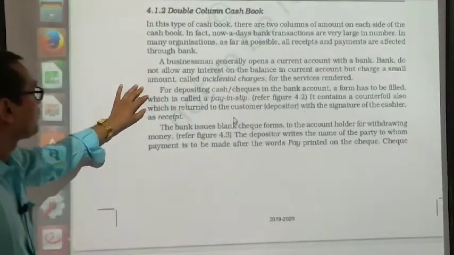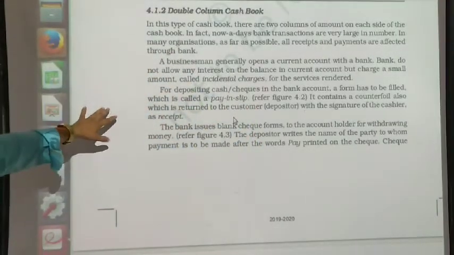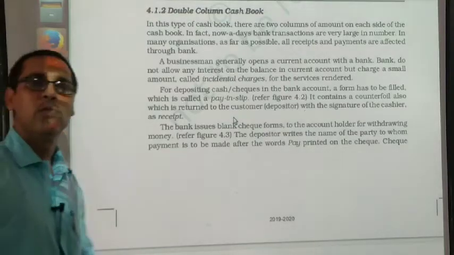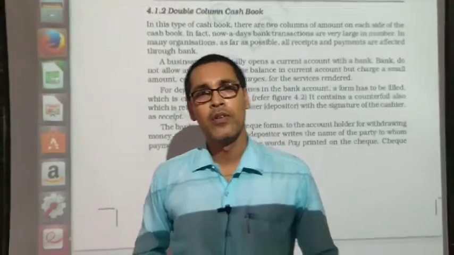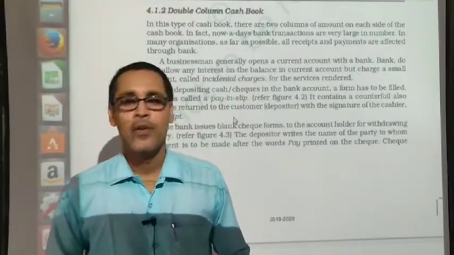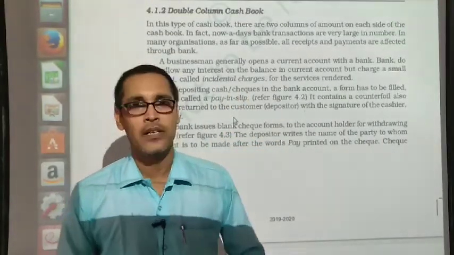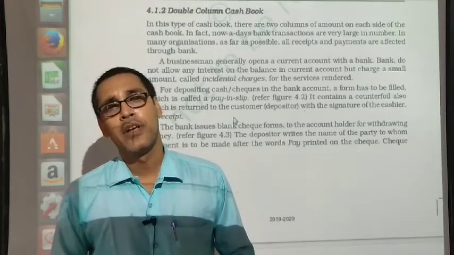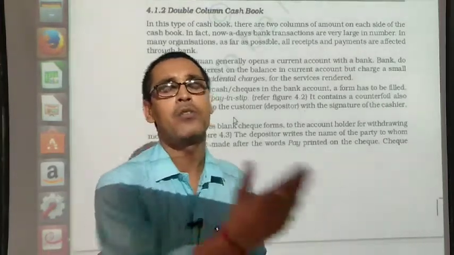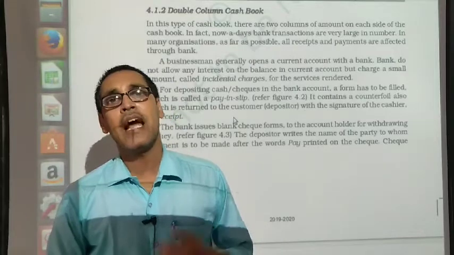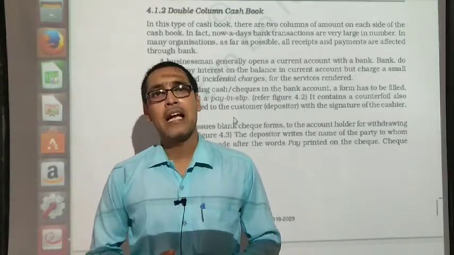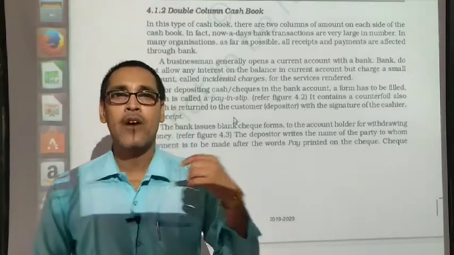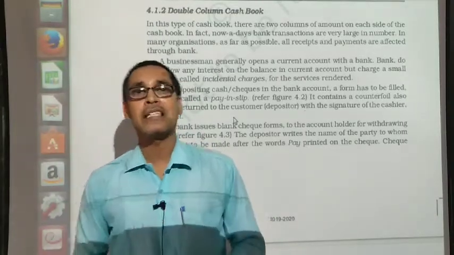Students, in the bank column, you already know that bank is a personal account, and we are recording the transaction. If we deposit some amount to the bank, then in that situation bank is a receiver, and that's why bank account is debited and cash account is credited.